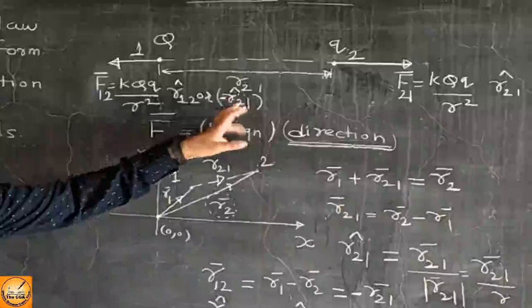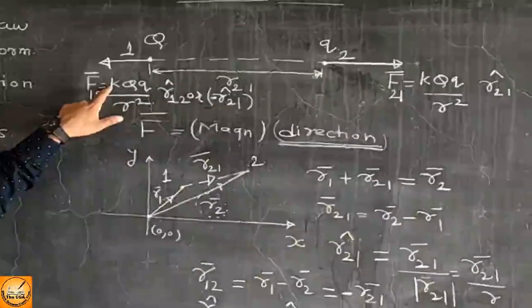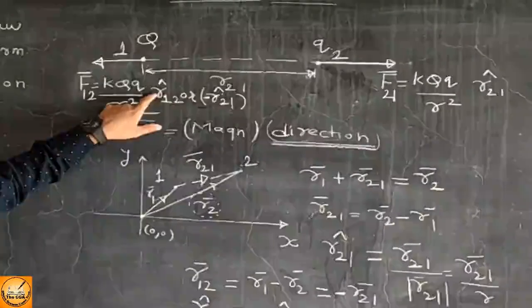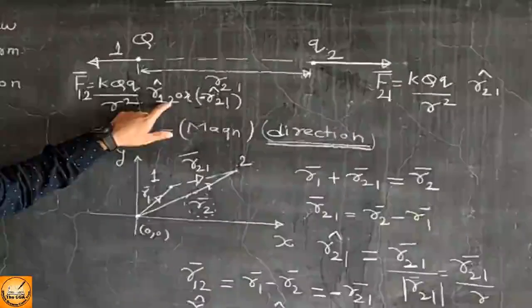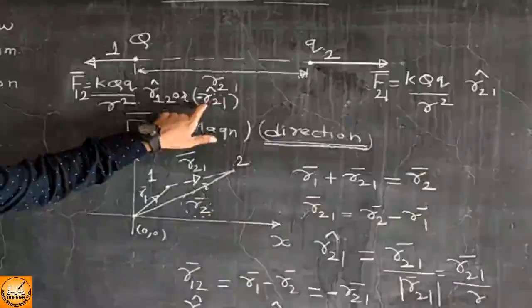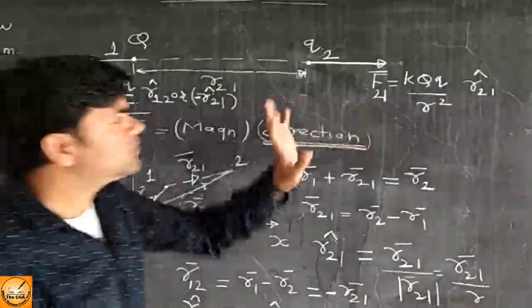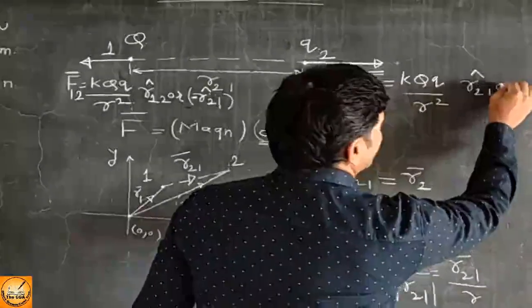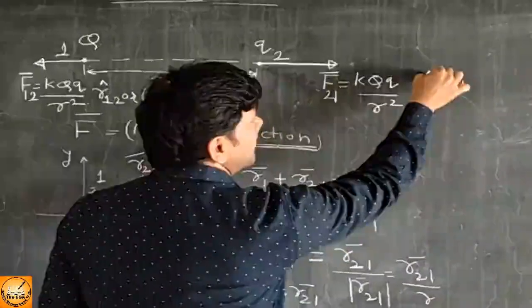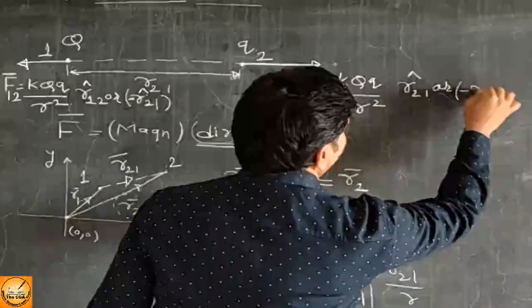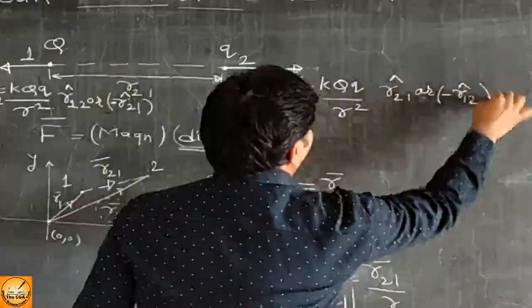So both are equal. We can show the magnitude, but for direction either I can write R12 cap, or we can write minus R21 cap. Here also the same thing we can apply. We can write R21 cap or we can write minus R12 cap.